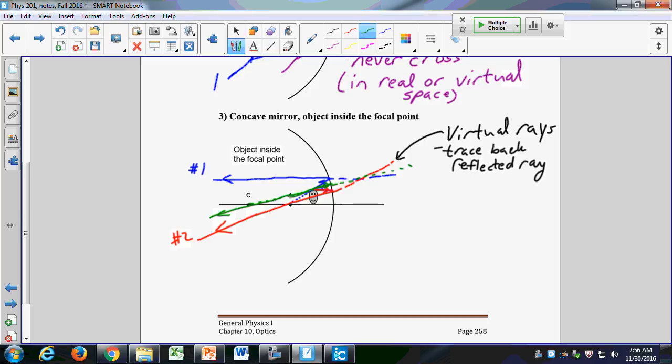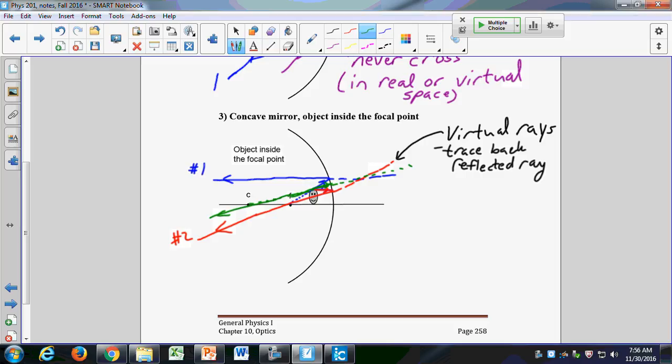So let me just sort of step you through with words. I have a ray that comes through the center of curvature, my incident ray. But because I'm to the right of my center of curvature, I imagine that my ray originates from the center of curvature and then goes on to the mirror. And then it reflects back on itself. When it does so, I see that it's still divergent with these other two rays, and so I trace that reflected ray back.